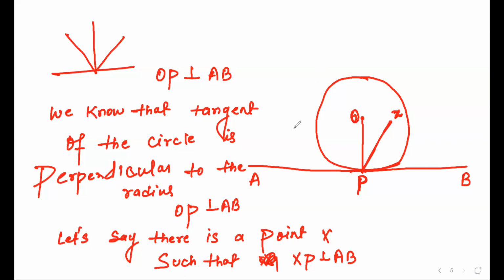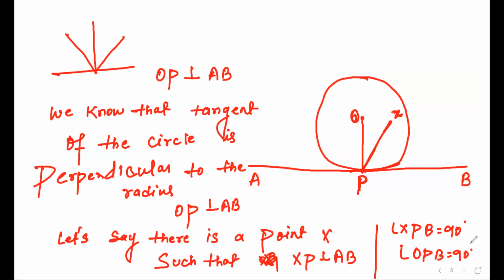So here we can say, which is not possible, if angle XPB is equal to 90 degrees, you are saying, and you are also saying that angle OPB is equal to 90 degrees, then either O and X are the same point, or this is not possible. If both are different points, then this is not possible.